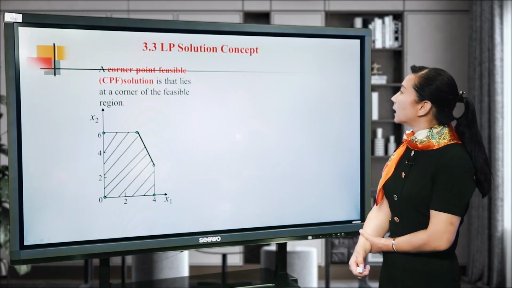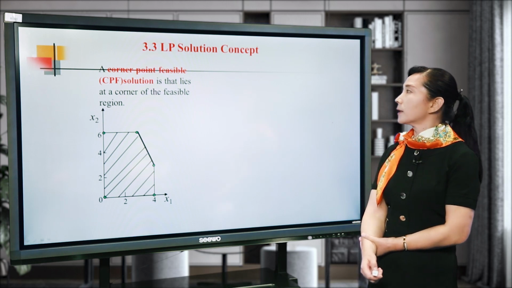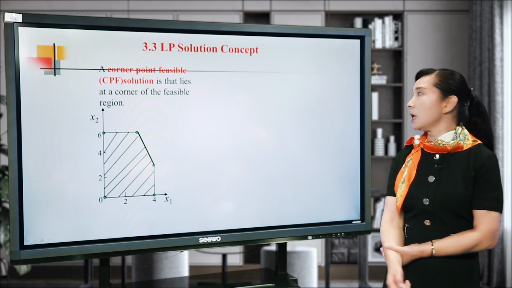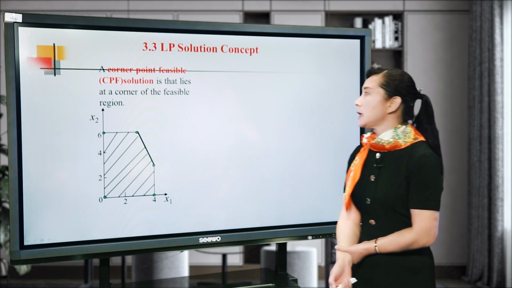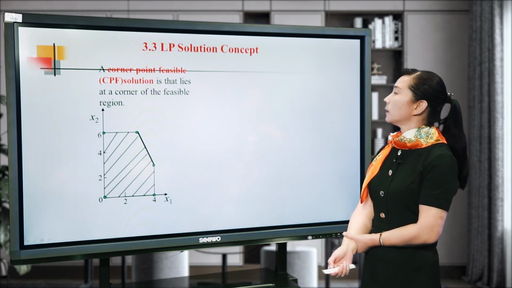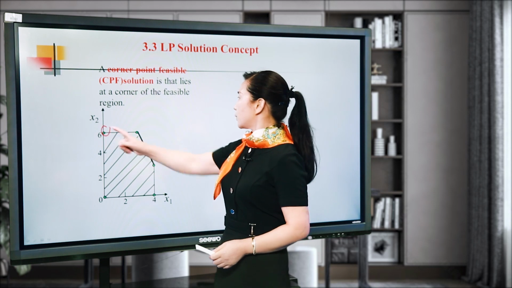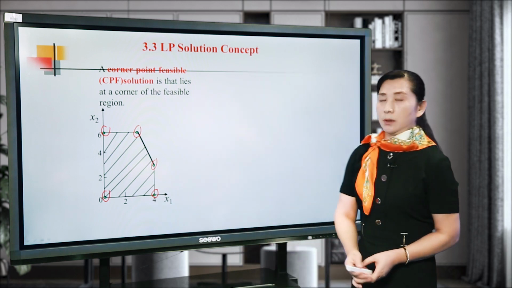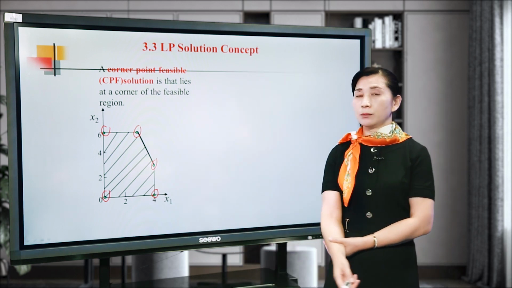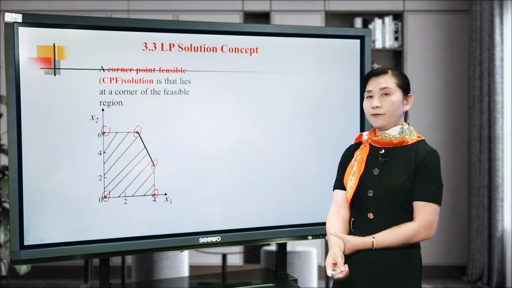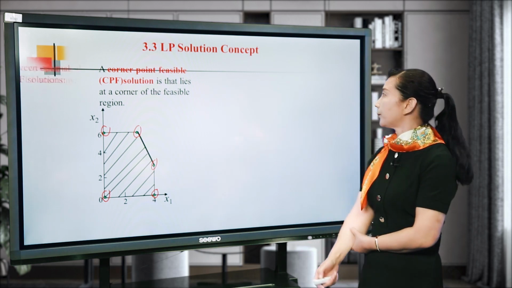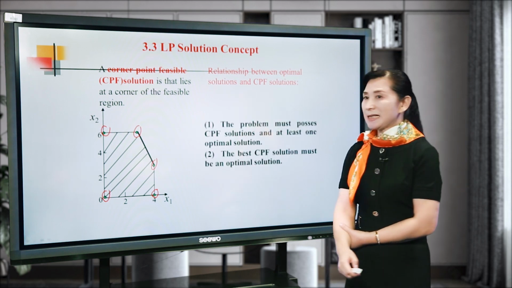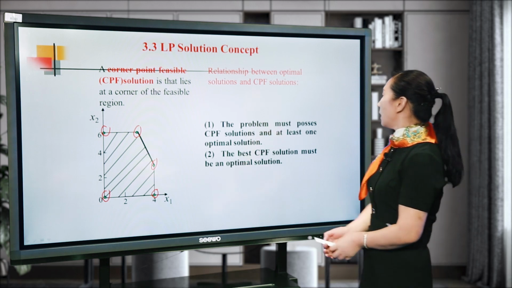Now we see another solution concept. A corner-point feasible solution is a solution that lies at a corner of the feasible range. And this is a CPF solution, CPF. So a linear problem may have many, but finitely many, CPF solutions. The best CPF solution must be an optimal solution.